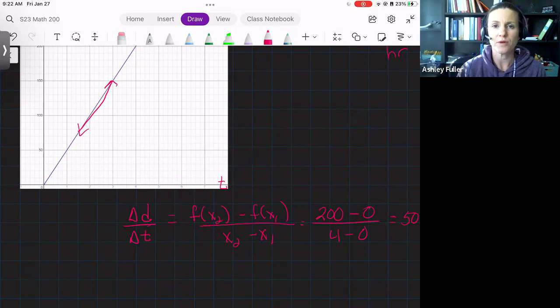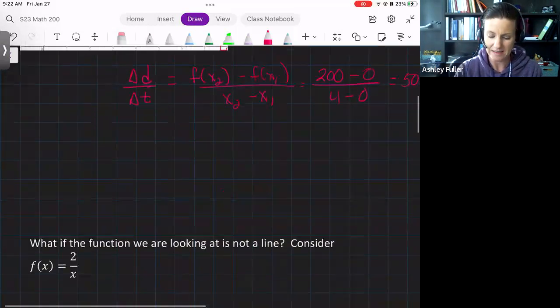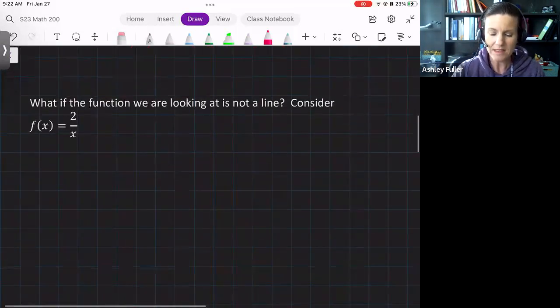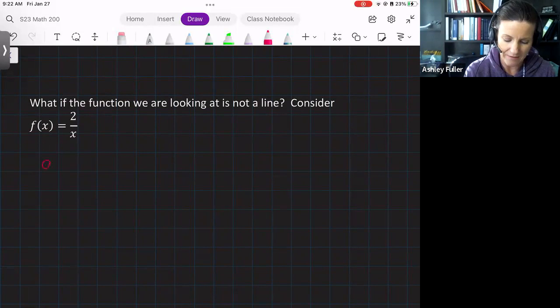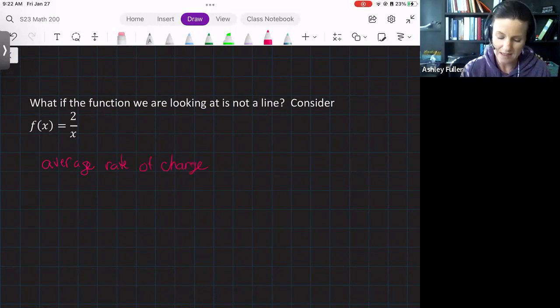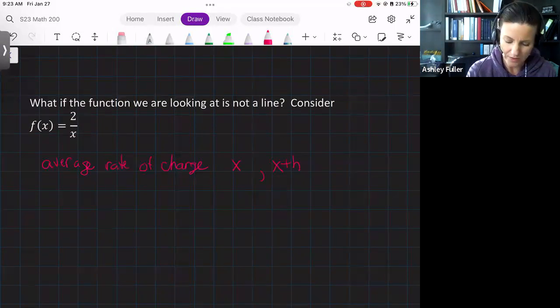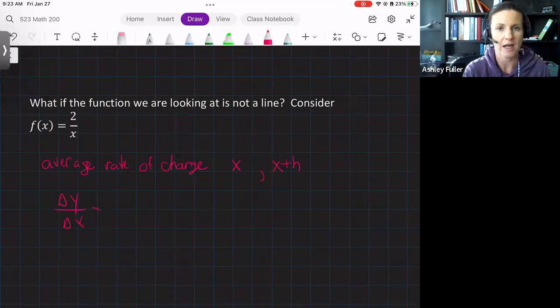However, what do we do if the function we're looking at is not linear? Well, let's consider the function 2 over x. If we want to write an expression for the average rate of change between two x's, and we'll call them x and x plus h, we know that the average rate is the change in y over the change in x.